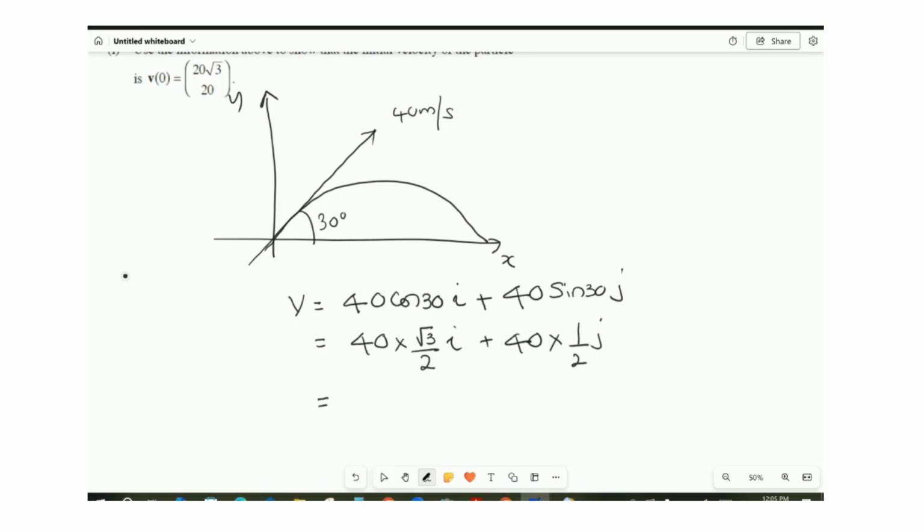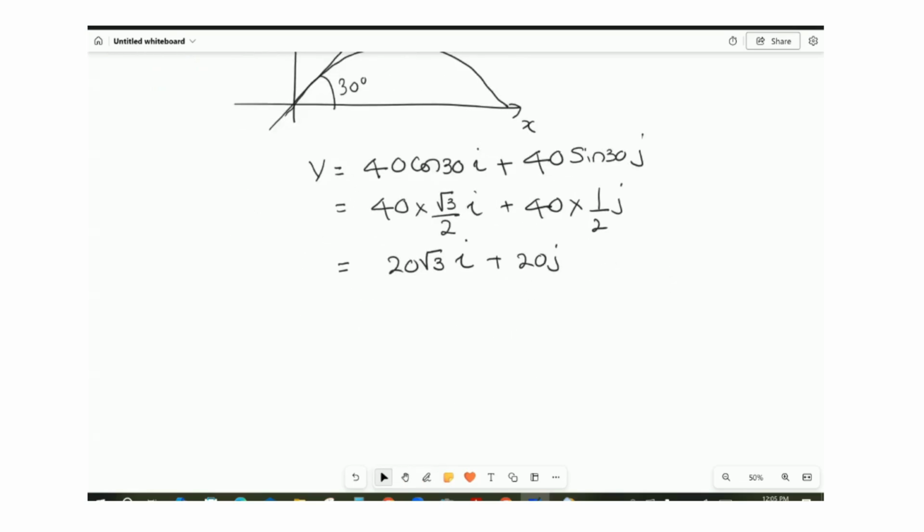So this is equal to 20 square root of 3 i plus 20 j. Therefore I can write the initial velocity V0: the horizontal component is 20 square root of 3, and the vertical component is 20.